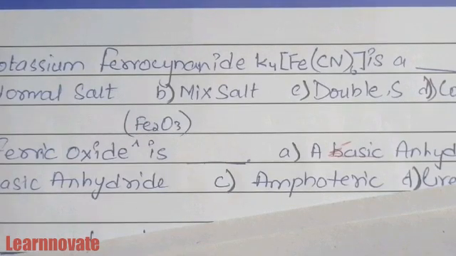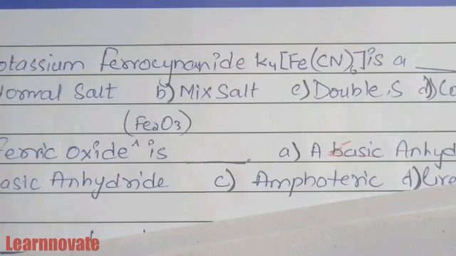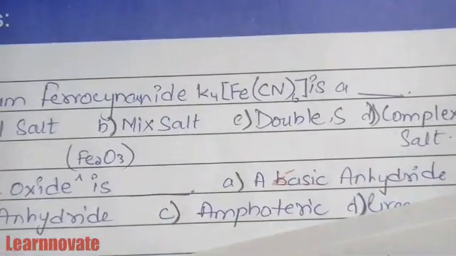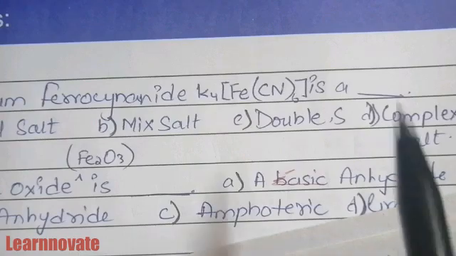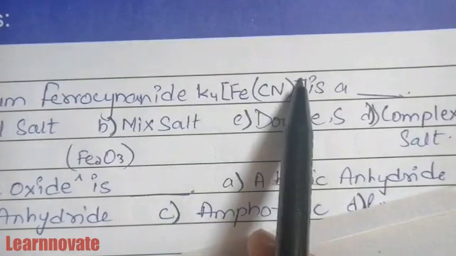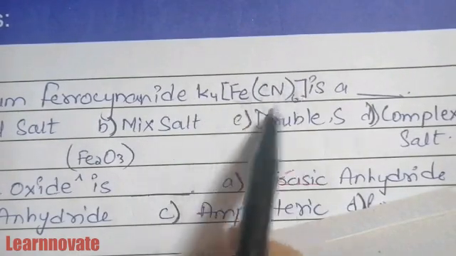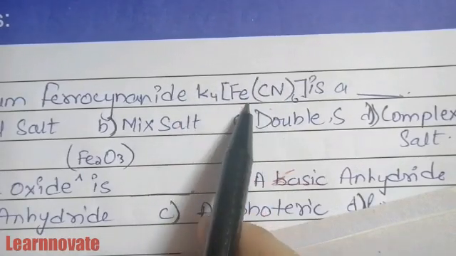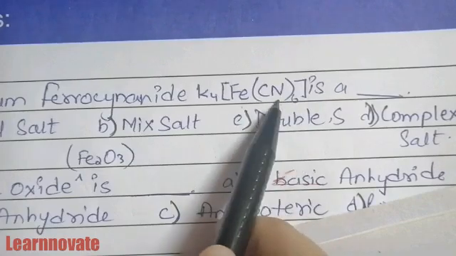Question number 6 says potassium ferrocyanide, K4[Fe(CN)6], is a dash: a normal salt, a mixed salt, a double salt, or a complex salt. Here you can see the formula. I have written the formula of potassium ferrocyanide to confirm this: here an ion is formed with potassium, iron, and 6 ligands of cyanide.